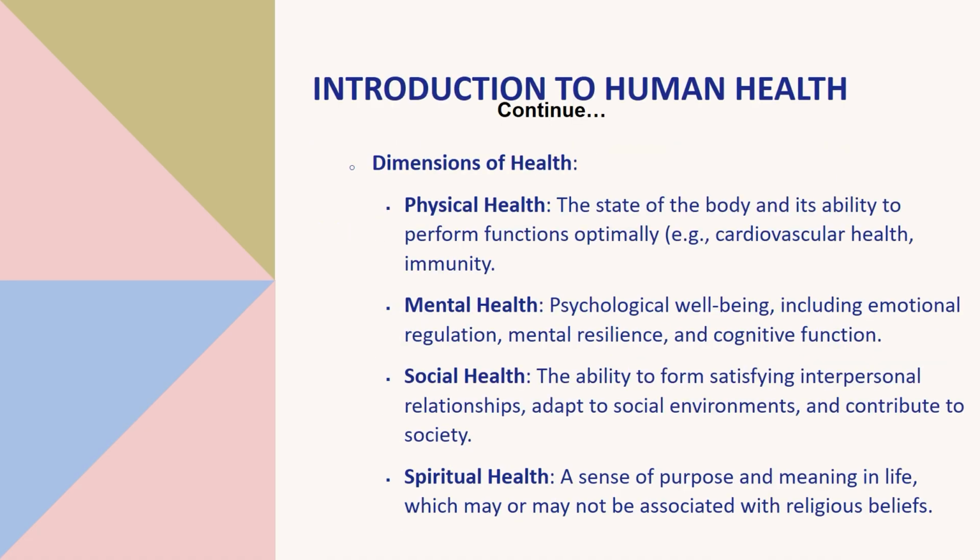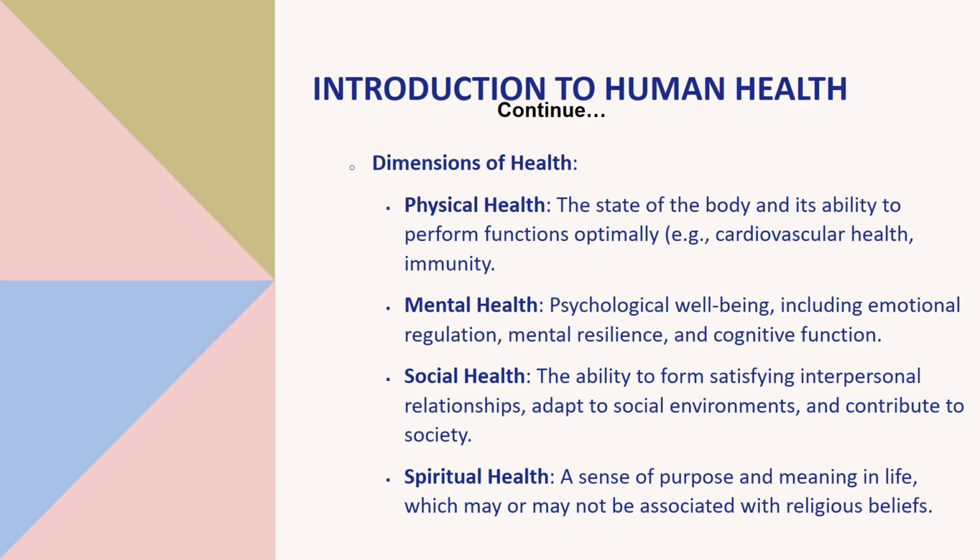Dimensions of health. Physical health means the state of the body and its ability to perform functions optimally, for example cardiovascular health, immunity, blood circulatory system, etc. Mental health is psychological well-being, including emotional regulation, mental resilience and cognitive functions.